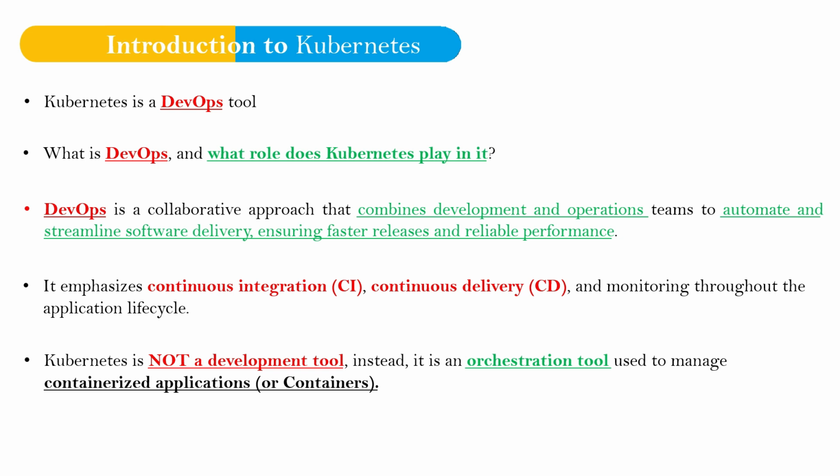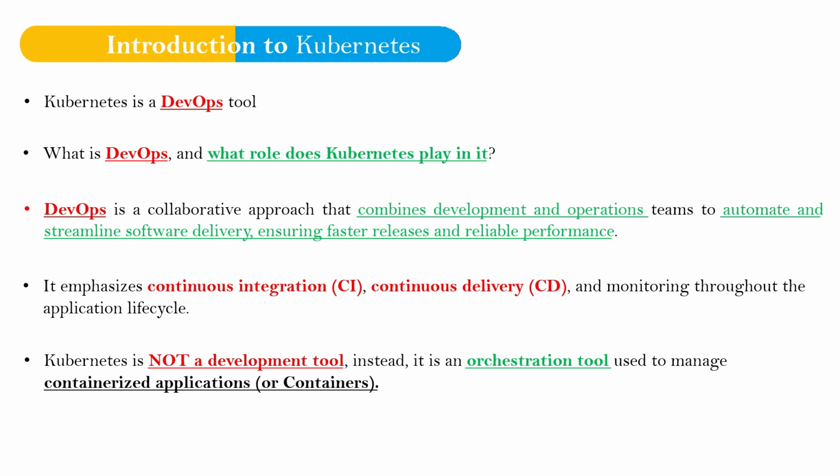The one thing is that Kubernetes is not a development tool. That means you don't need development skills to learn Kubernetes. Without any development skills, you can be an expert in Kubernetes. So it is just an orchestration tool, which means it is doing a certain kind of management of a set of software or components. And what are those components? It is used to manage containerized applications or containers.